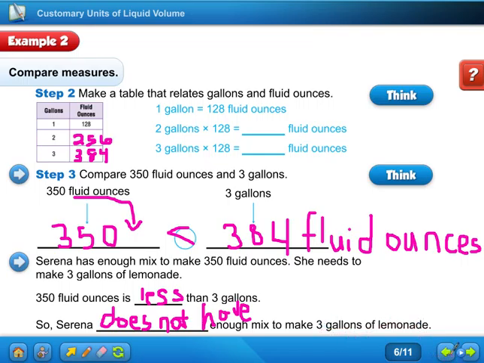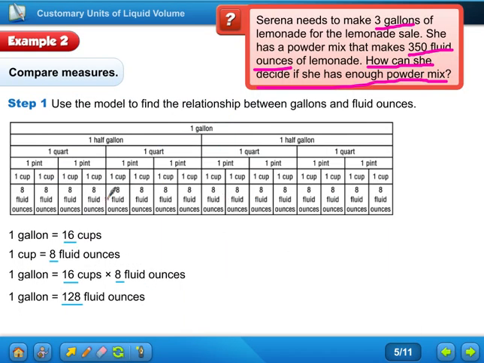All right. Let's look back and see what we learned. We made a table today comparing gallons to ounces. We also looked at this model right here and we figured out, it didn't give us the exact answer, but if we added all these up or if we multiplied 16 times 8, we could figure out 1 gallon is equal to 128 fluid ounces.